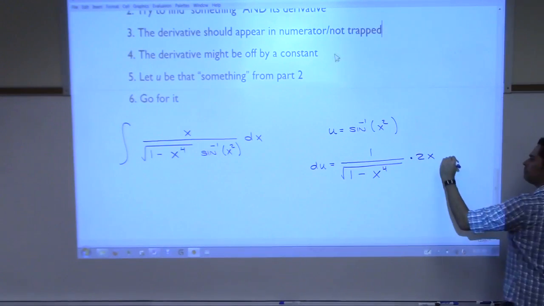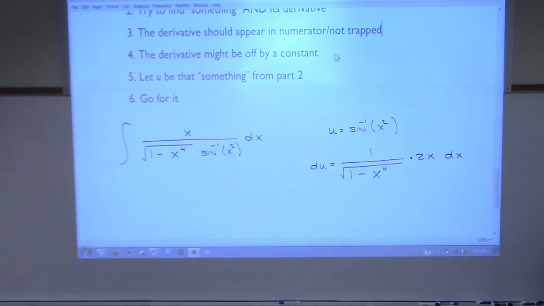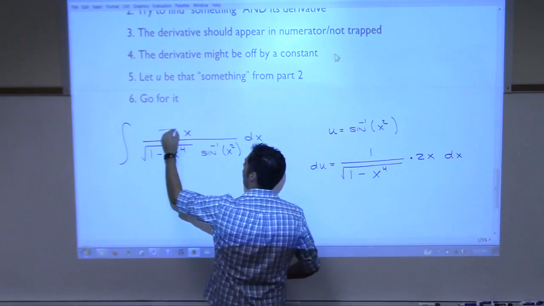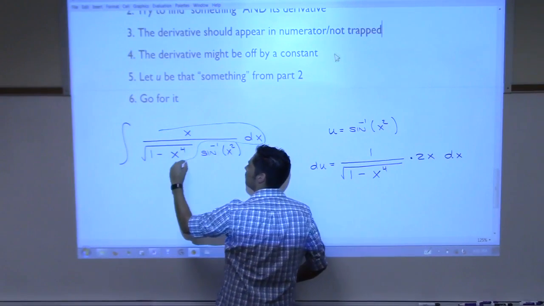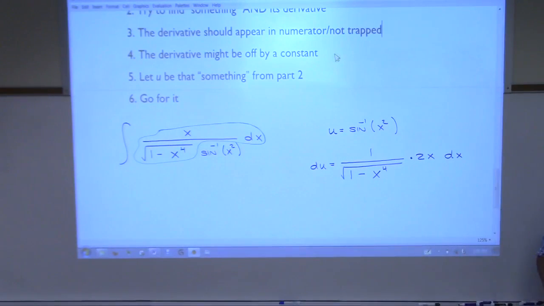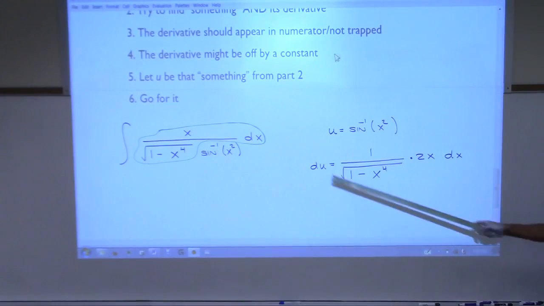Dx now. So you look at that big old clump and you say, do I have that? Absolutely, yes you do. It's actually all this junk right here. All that right there, isn't it? But you're off by 2, aren't you? That's okay. You have a 2 here, you don't have a 2 there.